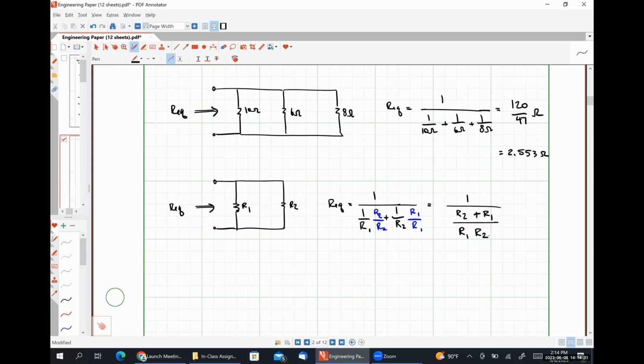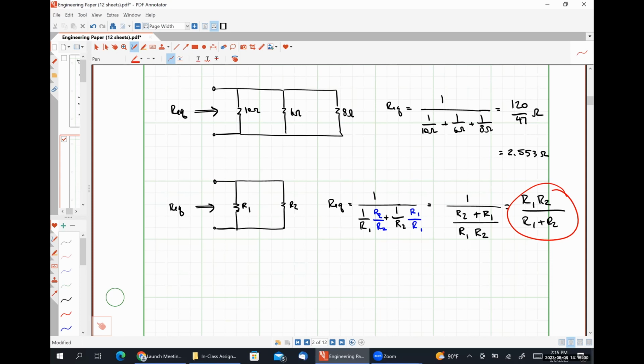Well, since I have 1 over a fraction, this just comes out to be the reciprocal, R1 times R2 over R1 plus R2. So this is a quick and dirty way of finding the equivalent resistance whenever we have 2 resistors in parallel, okay? But it only works for 2 resistors, okay?